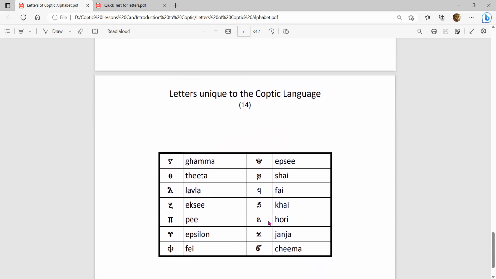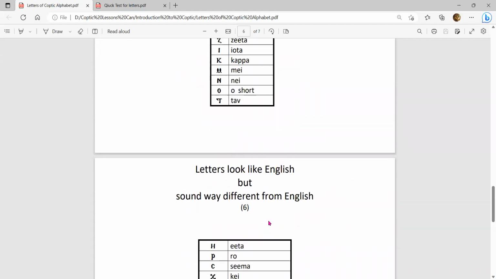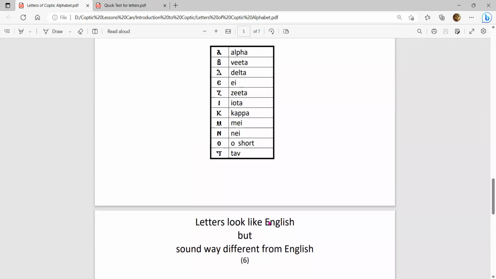Okay, so this is in general the 32 Coptic letters.